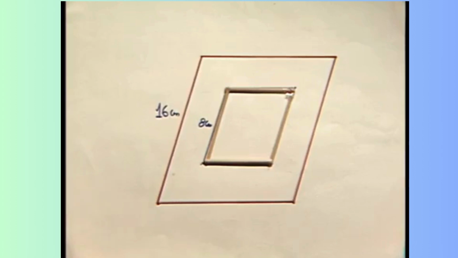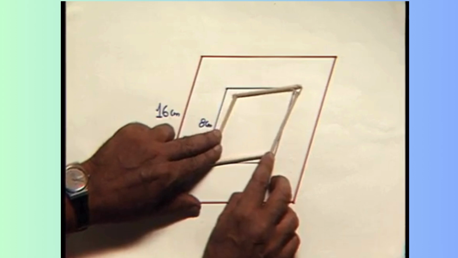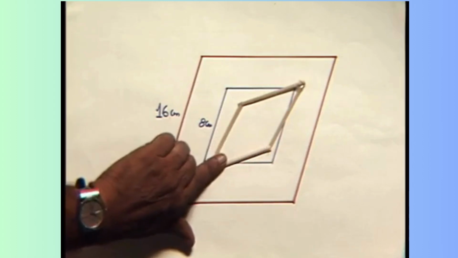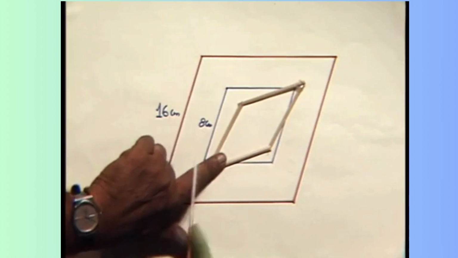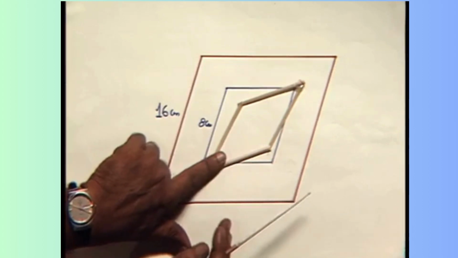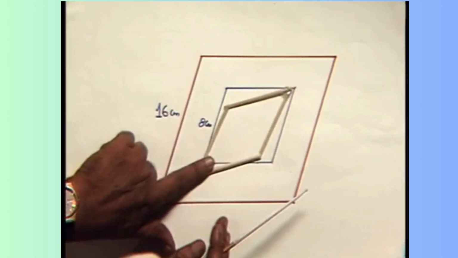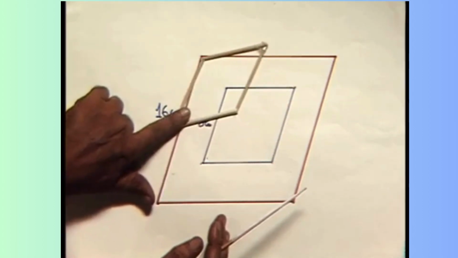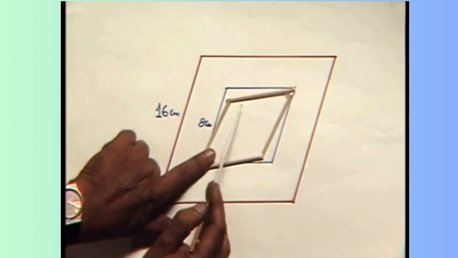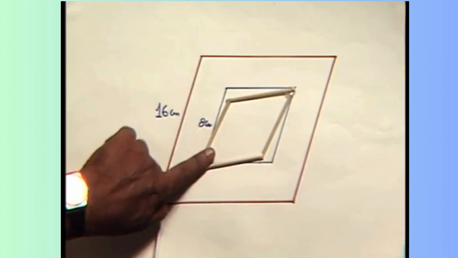But if I distort this figure a little bit, here although the ratio of the sides has still remained same, the angles have changed. So, can we now say that this figure is similar to the figure outside?